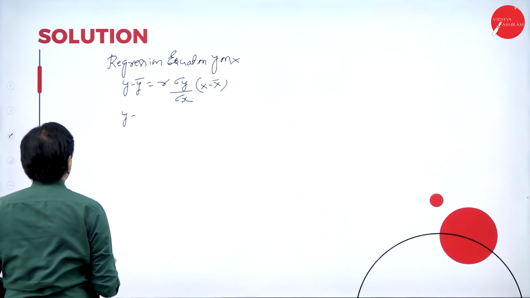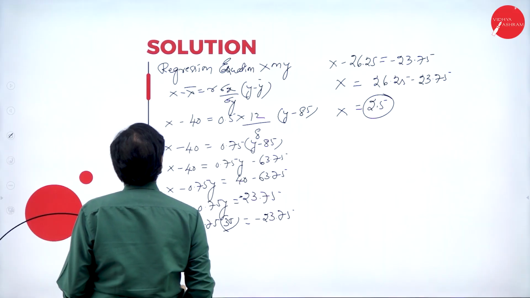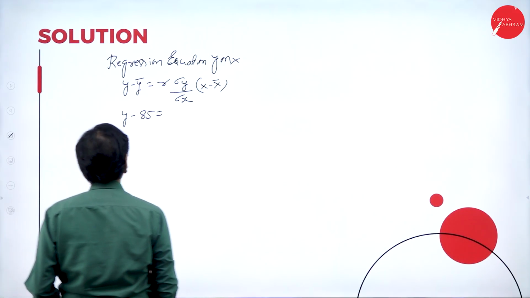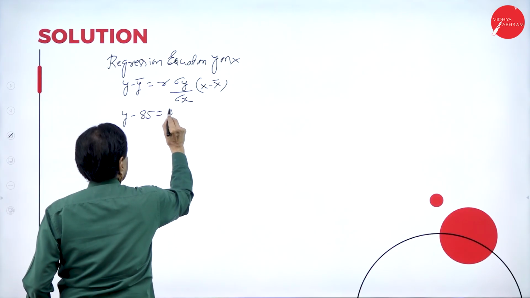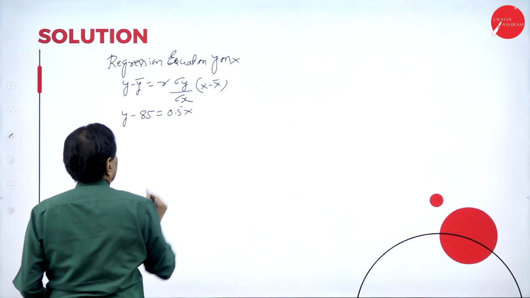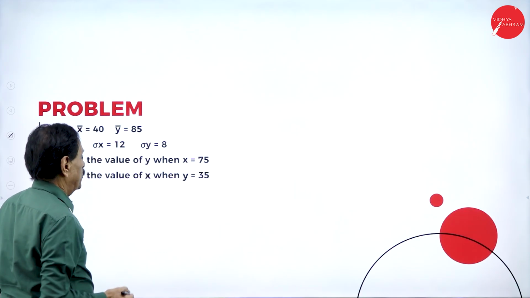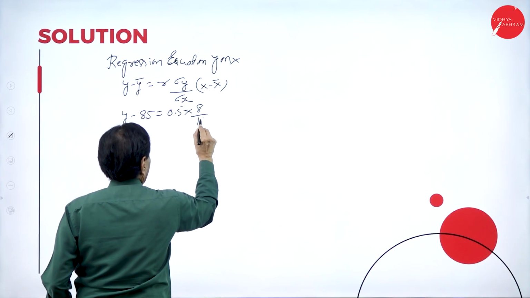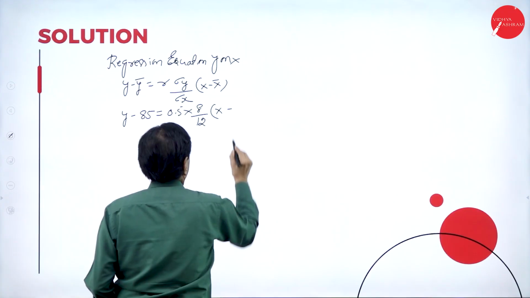Y minus y mean is 85, r is 0.5, standard deviation y is 8, divided by 12, into x minus x mean.